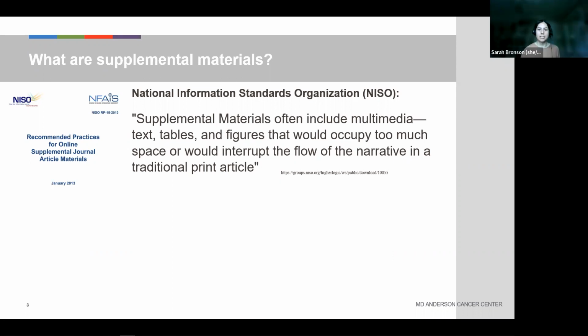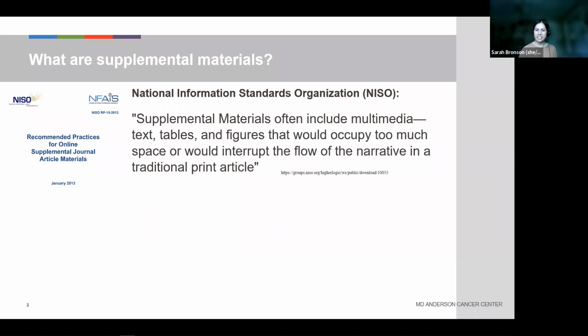And this is a really good document. It was the product of a working group from NISO together with the National Federation of Advanced Information Services. And although it's about 10 years old now, I find that the ideas and frameworks it provides for thinking about supplemental material really have held up pretty well.